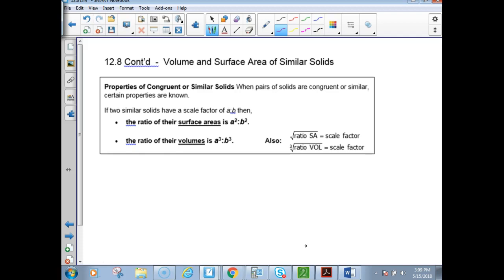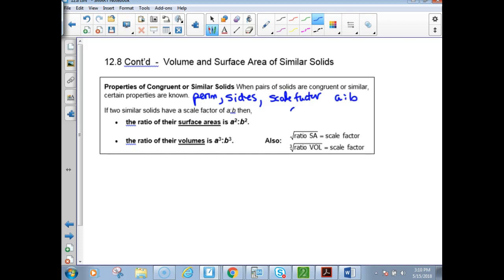Now we're on to the page where it says 12.8 continued. Volume and surface area of similar solids. Okay, what I need you to get down from this is, if two similar solids have a scale factor of A to B, which is the same as the sides, or perimeters, perimeter, side, scale factor, all are the same thing.